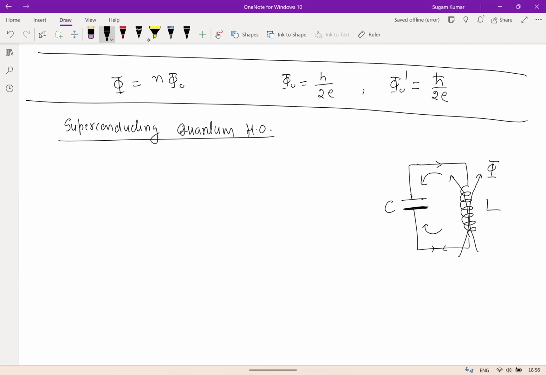So at one time, when the capacitor is completely charged, the energy is stored as UC, that is Q square by 2C, correct? I hope this concept is clear, no need to discuss. So this is the energy stored in the capacitor.